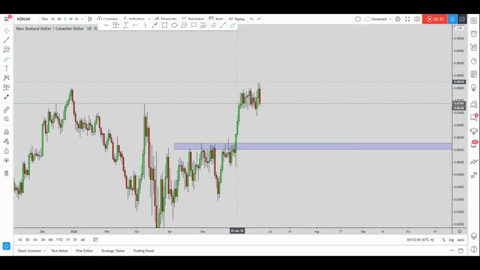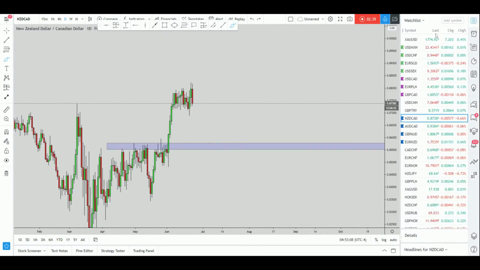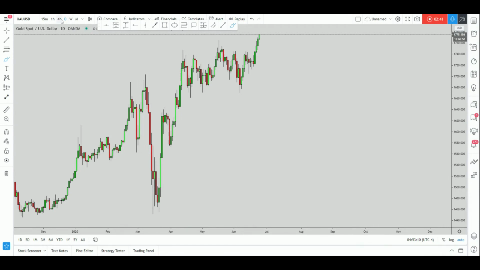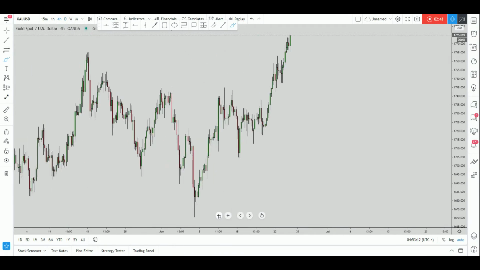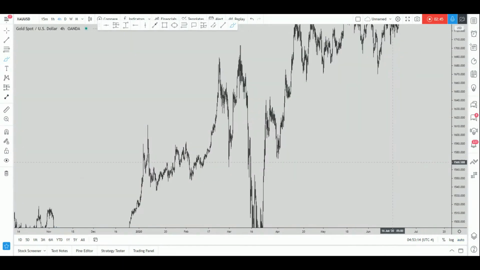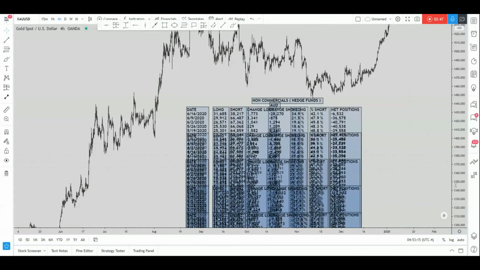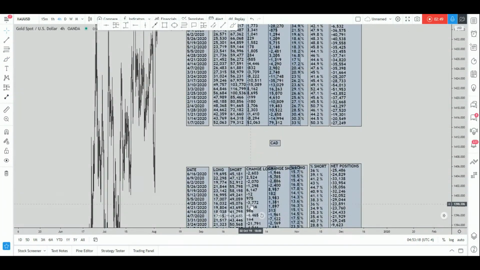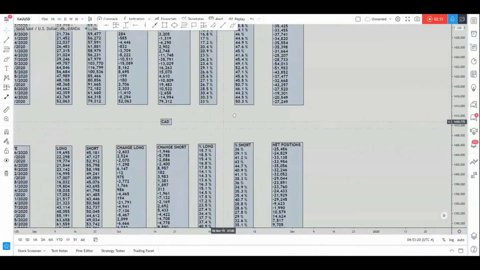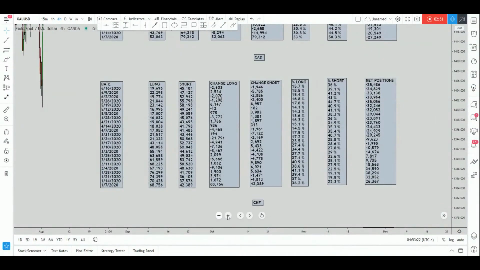Now, before I show you how we will be approaching this pair with students, let's first go and see what we have at the moment from a COT perspective on the NZD and on the CAD. So what big banks and institutions are currently doing on these pairs.